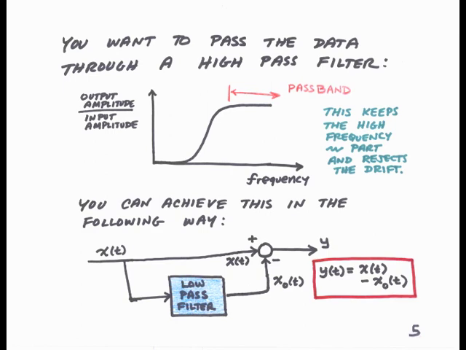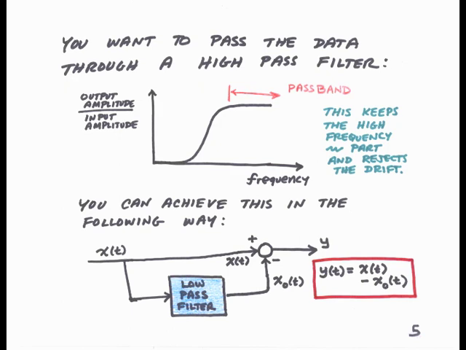What you'd like to do is take all the data you collected, your signal, and pass it through a high-pass filter. The high-pass filter will remove the low-frequency content, the drift, and leave the high-frequency content, the signal that you want to keep, that you want to analyze.